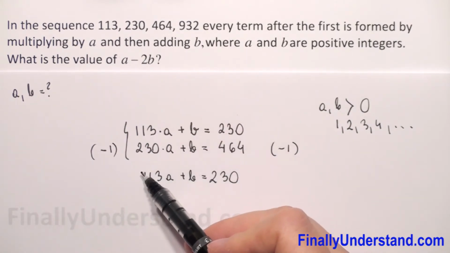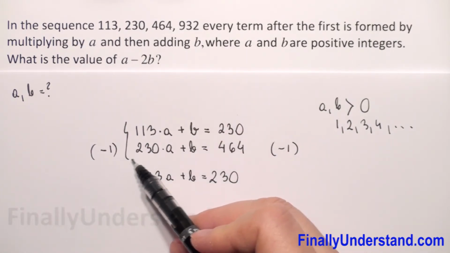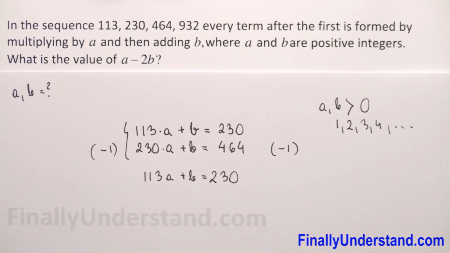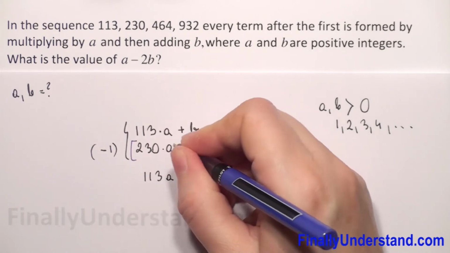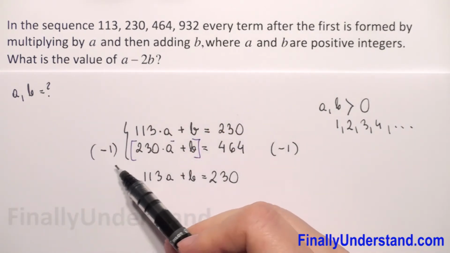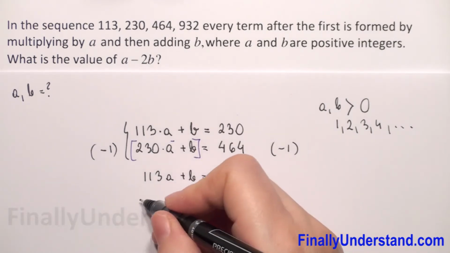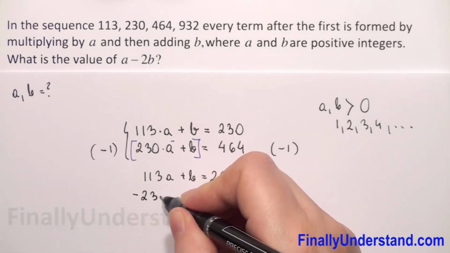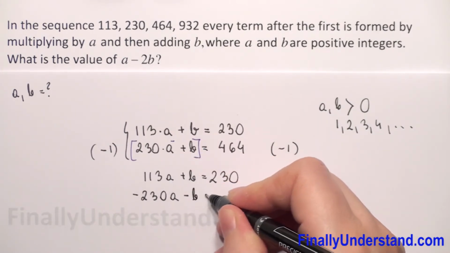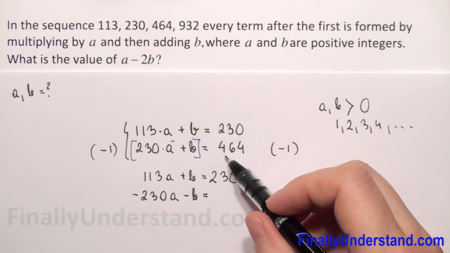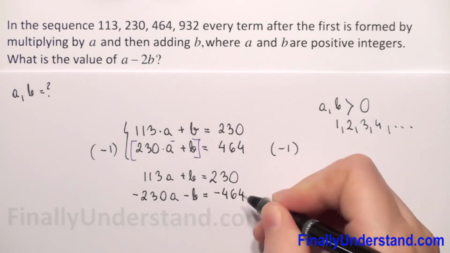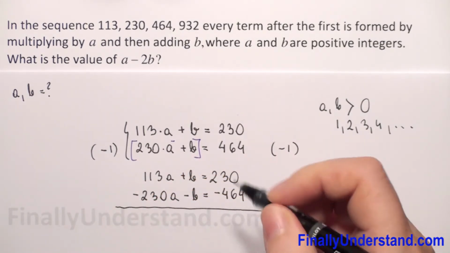So every expression on the left side we need to multiply by -1. Let me put this in brackets. We have -1 times 230a, which will be -230a. -1 times b will be -b, and this is equal to -1 times 464, which is -464.